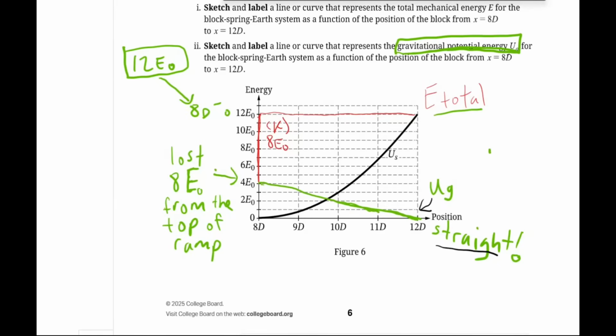But at that point, we have more spring potential that's introduced. So we have 4 units of gravitational potential energy, and then kinetic filled up the additional 8. Over here, we have 3 units of UG, and then we have, it looks like, slightly less than 1 unit of US, the spring potential energy.